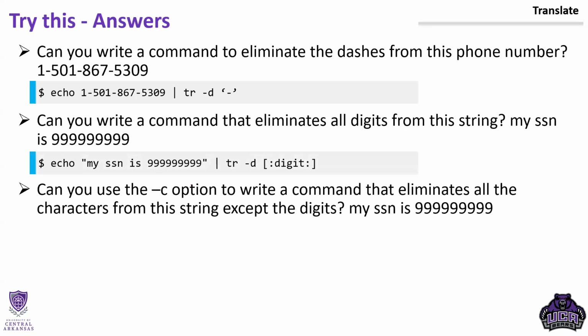Can you use the complement option to write a command that eliminates all the characters from this string except the digits? So same problem, just switched. What you got? Just adding a C in front of the D. Perfect. You just did the complement of it. So it just did the reverse right there, and it didn't delete the digits. It deleted all of the text right there. Good job.